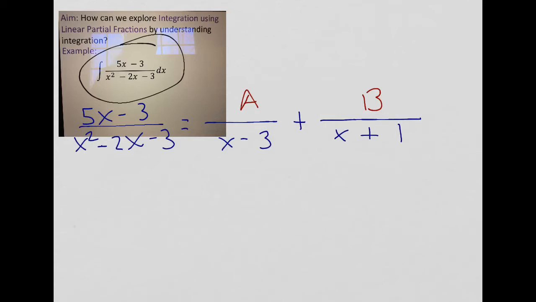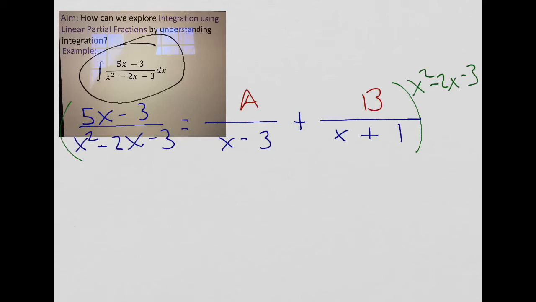So now hopefully you understand the setup, and there's 2 ways to actually solve for A and B. What we're going to do at this point is multiply my equation by the common denominator, which in this case is x squared minus 2x minus 3.